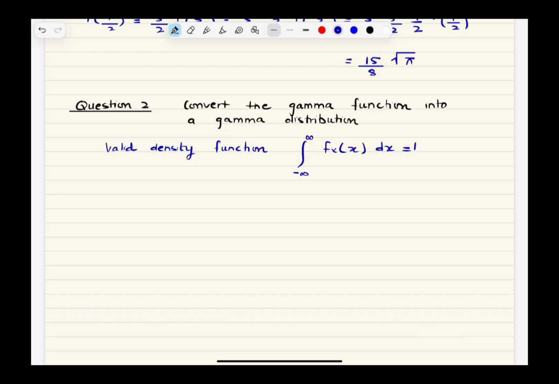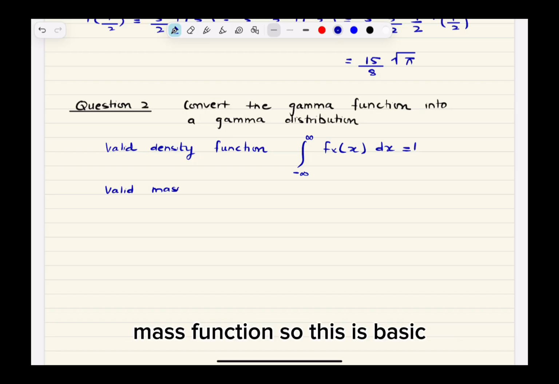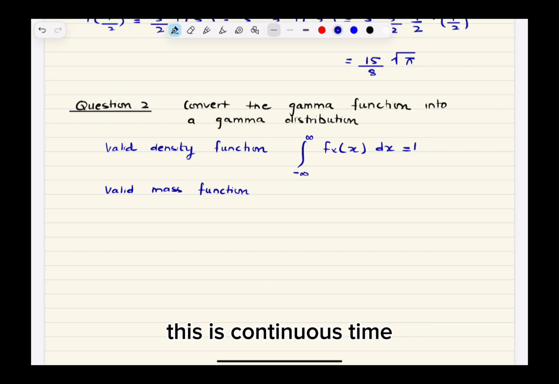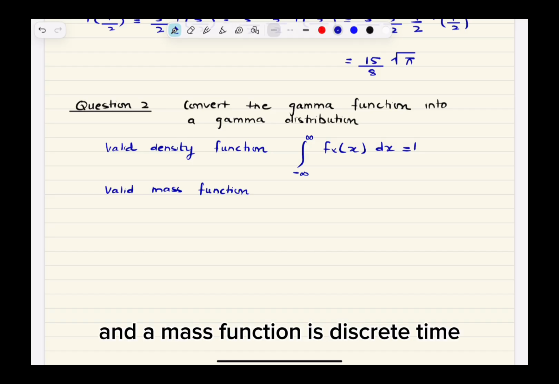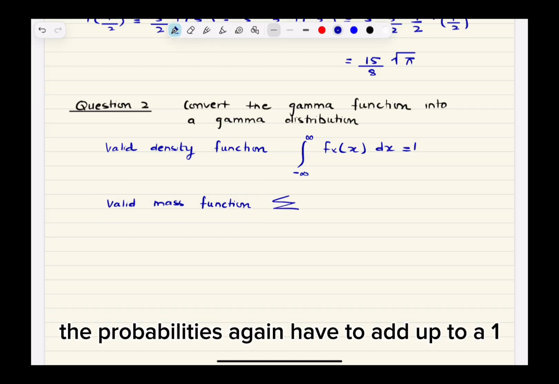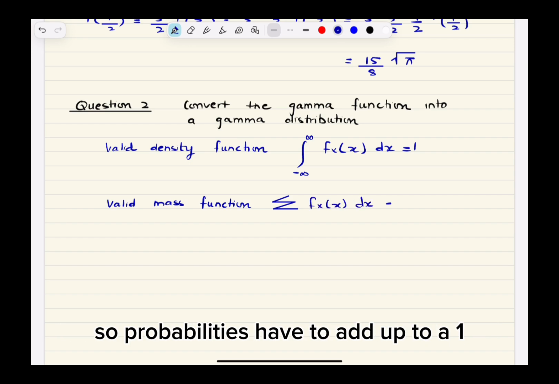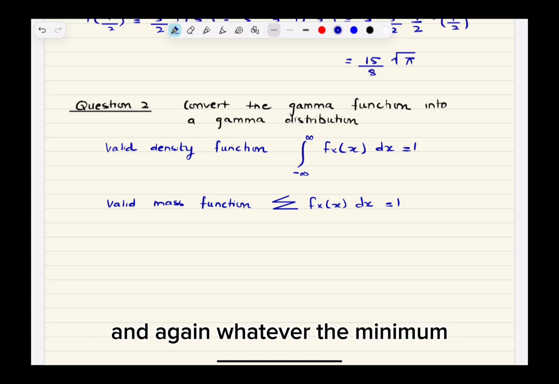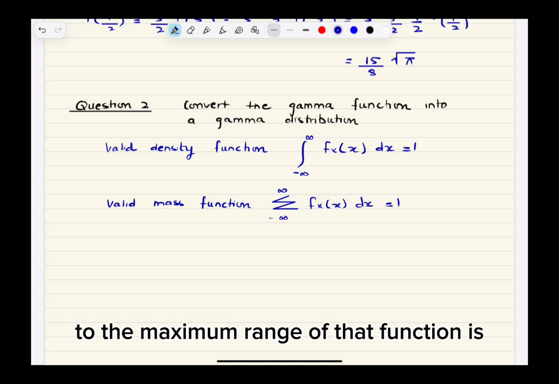And if you want a valid mass function, so this is basic, the density function is continuous and a mass function is discrete. In that case, the probabilities again have to add up to 1, whatever the minimum to the maximum range of that function is.